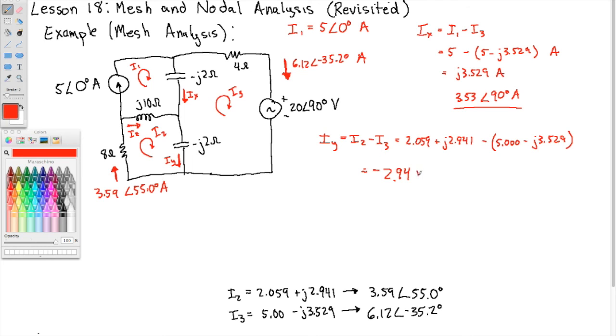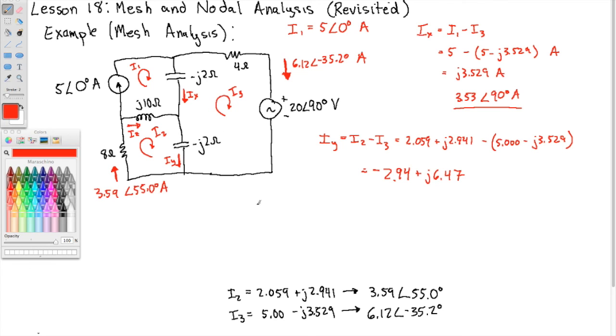So this makes plus J 6.47. Okay, so this is IY. And if we wanted to, we could convert this to polar form, get the magnitude using the Pythagorean theorem, and get the angle using the inverse tangent. So this gives us IY.